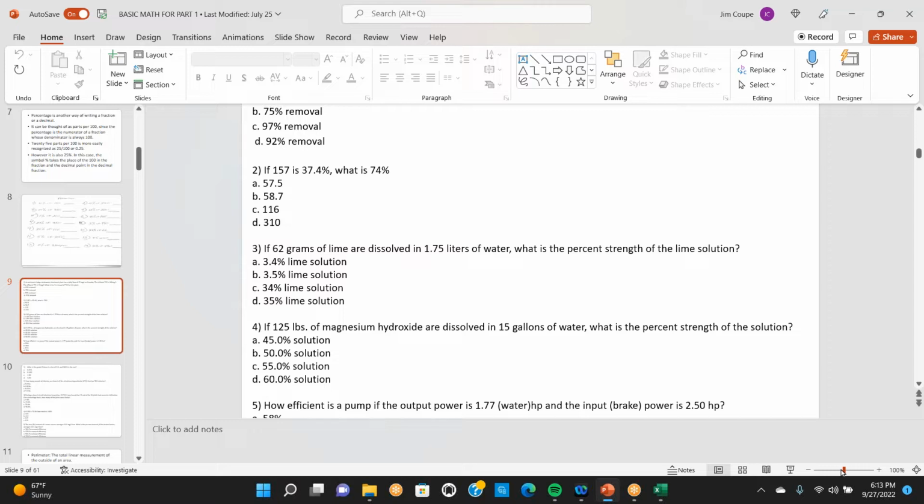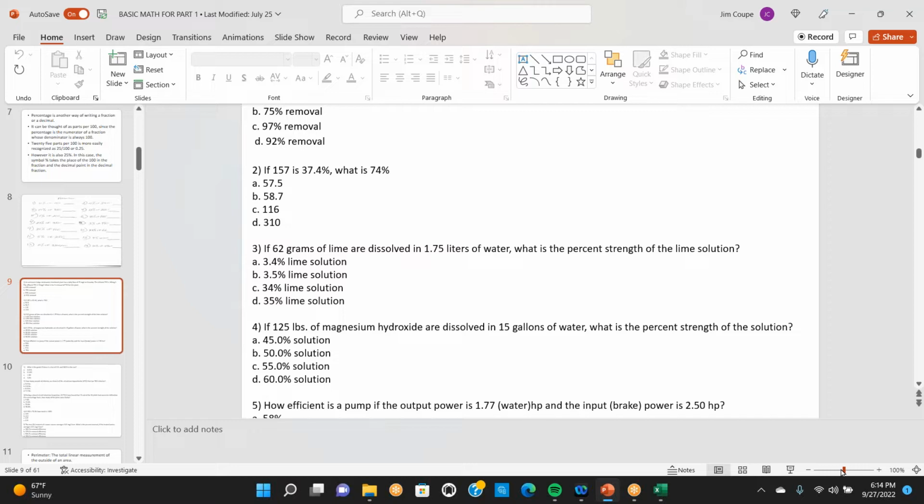So this says, and actually you don't have to do math to do this one. Let's put it in the mindset of a flow, just to make it easier. I'll add some words to the problem, but it says if 157 is 37.4%, what is 74%? Now let's add some of our own thoughts to this problem.